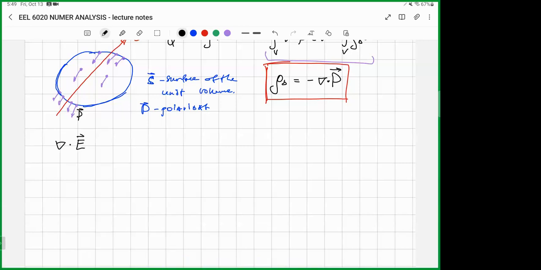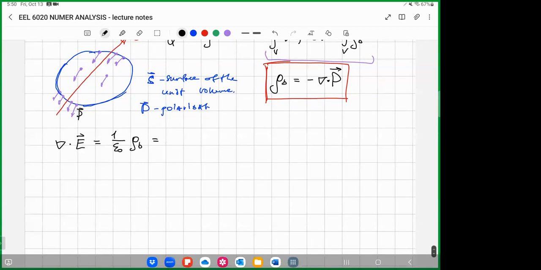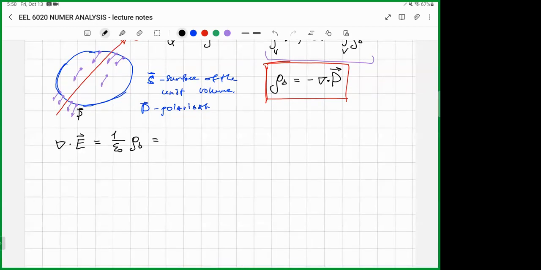So the divergence of the electric field is 1 over epsilon 0 times the charge density. But now I assume that this charge density is the bound charge density because I have no free charges. So I can substitute this rho B by plugging in this formula here.